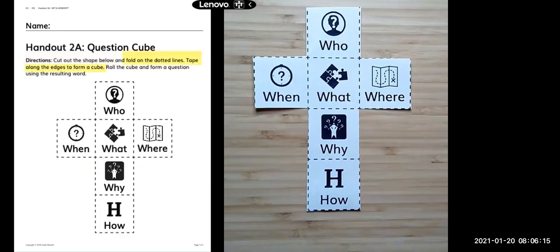Now we're going to fold on the dotted lines. Watch the screen to see how I fold and tape the edges.